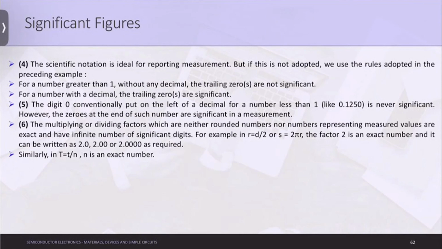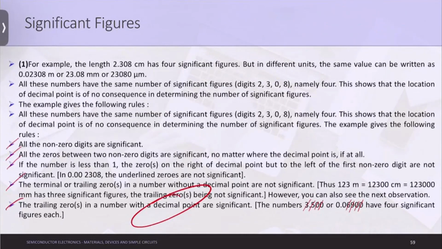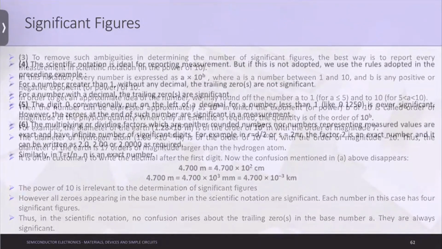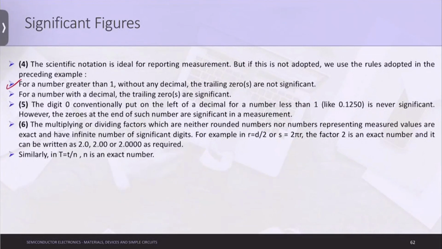This has been explained here. Next, for a number with a decimal, the trailing zeros are significant. Again, the same thing has been explained here. So if it's 3.200, then 3.200 will have 4 significant digits.